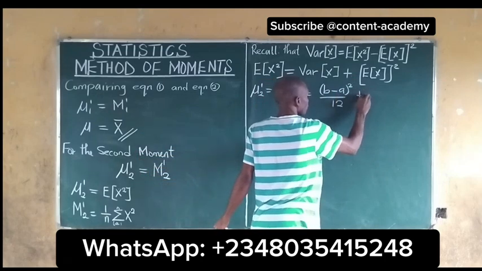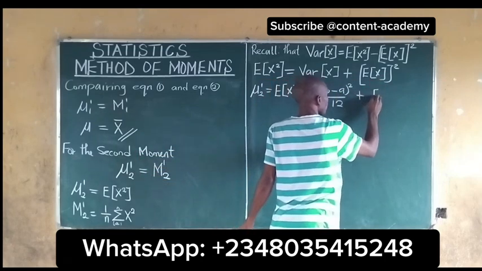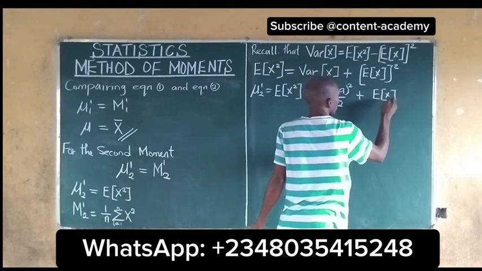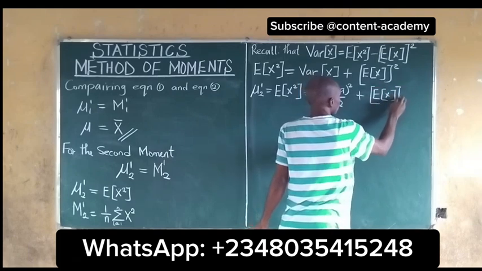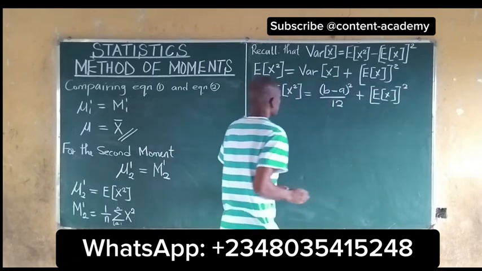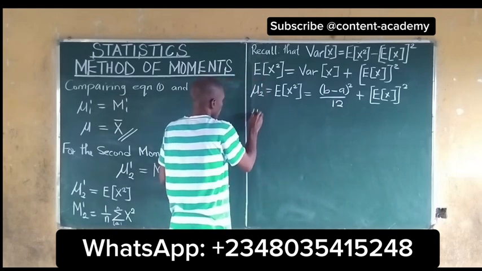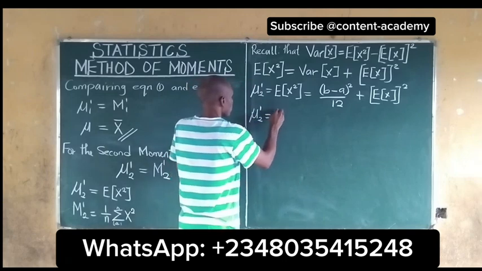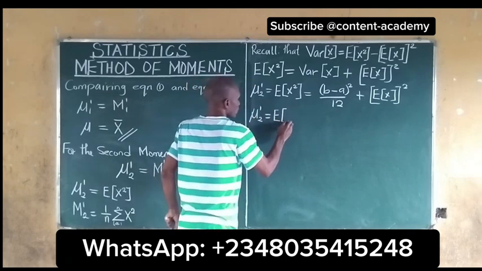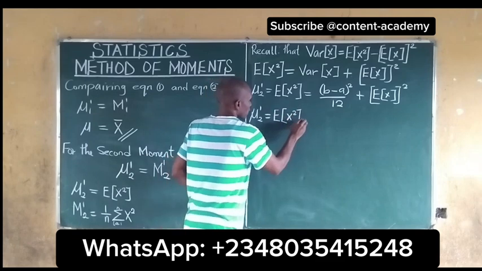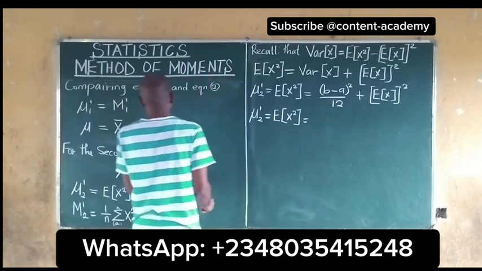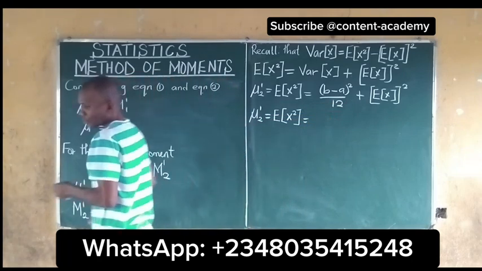It will now be plus our expected value of x all squared. Now our second moment for the population mean, which is equal to the expected value of x squared, will equal b minus a. What is b from our equation?